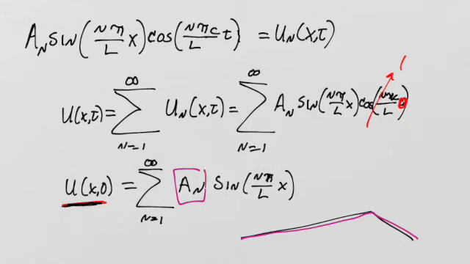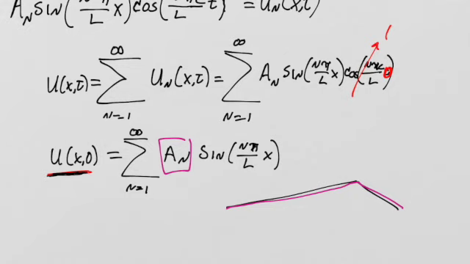It's actually not that difficult, but it's a much harder problem, because now I have to find a whole bunch of sine functions whose only distinction is this value of n, and I have to add them all up together with some coefficient in the front, some number that I multiply each individual one by, in such a way that they add up exactly to this shape in the very beginning at t equals 0.